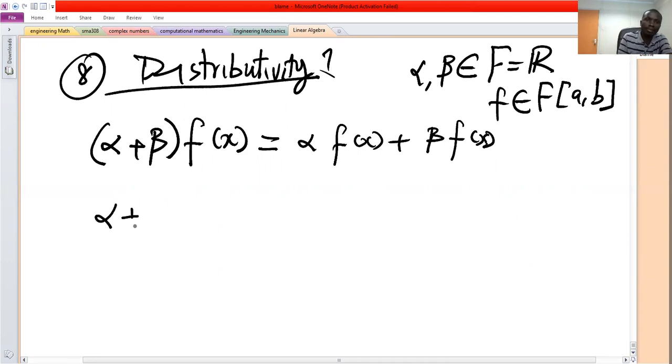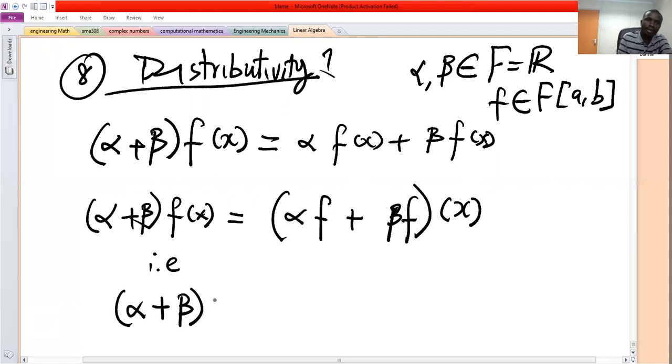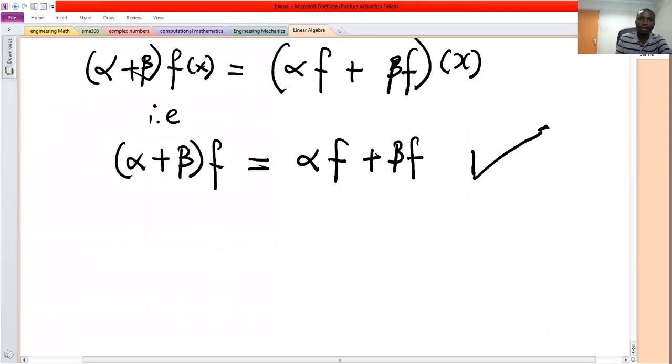So we'll have alpha plus beta f of x is equal to alpha f plus beta f, and then you write here of x. So this means alpha plus beta, when you multiply by f, is the same thing as alpha f plus beta f. This is what you have to prove. So therefore, the distributivity property also holds.